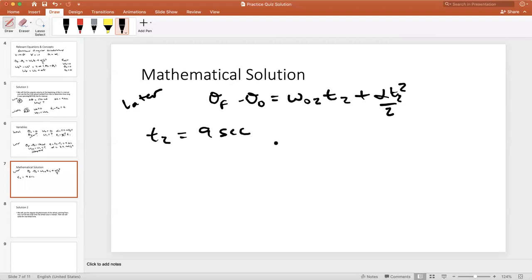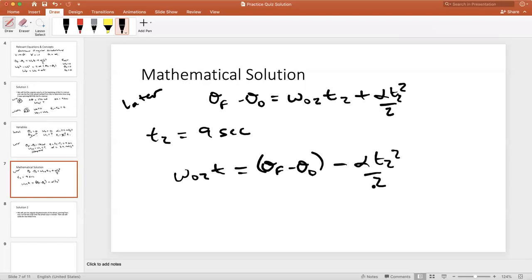Okay, so solving this for omega 2 t, I get that that is theta final minus theta initial minus alpha times t2 squared over 2. Also note that this theta change at this point is 170 rad.